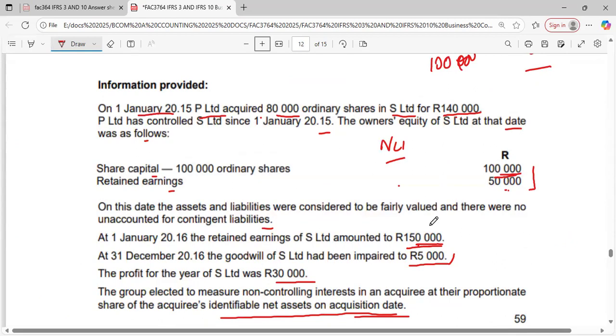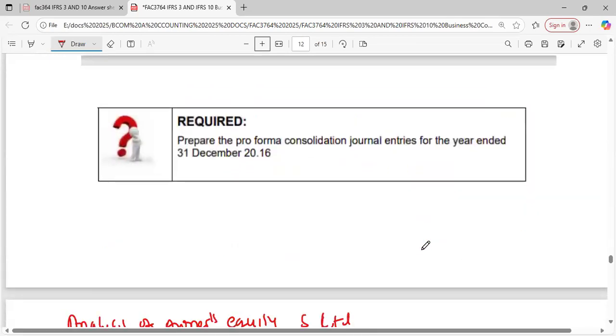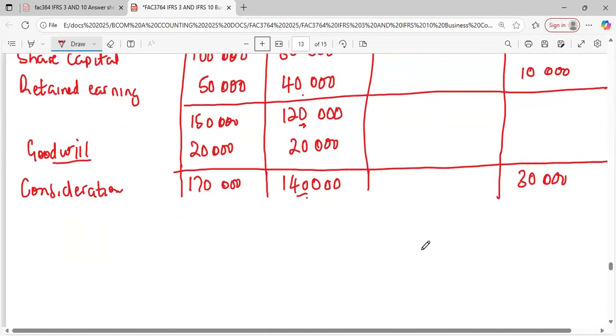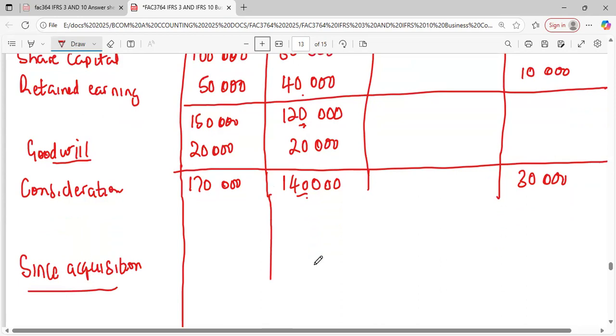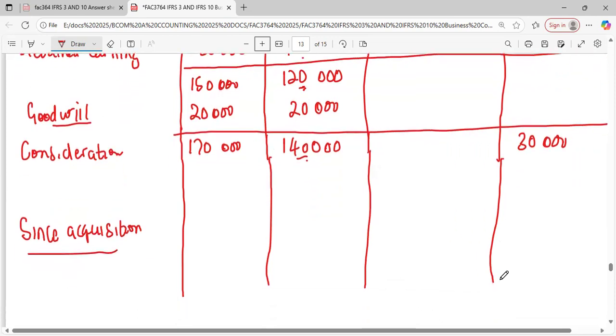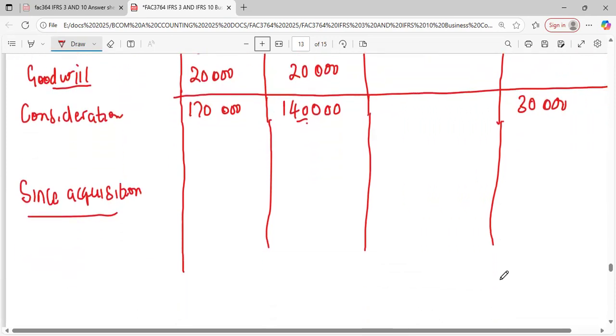So since acquisition to the beginning of the current year, this is the retained earning. So we should look at what happened since acquisition. So then you just come here and say since acquisition. So since acquisition, we have retained earning.